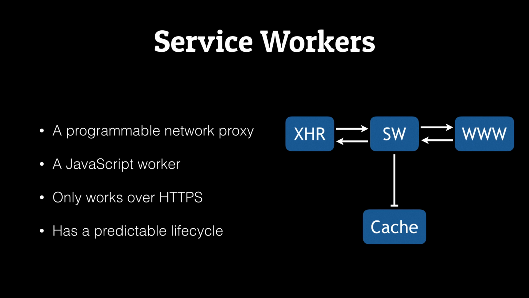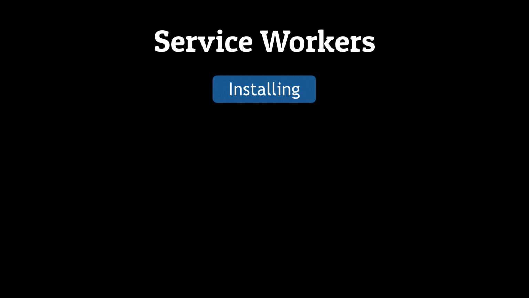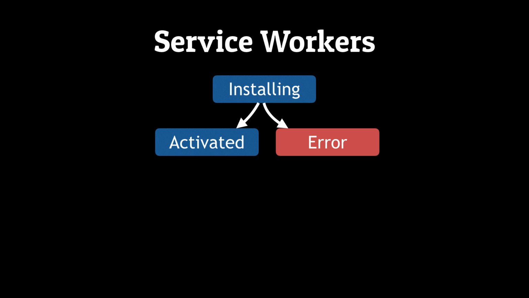Service workers have a predictable lifecycle that works in the following way. When the browser detects a service worker and it is registered, the service worker goes into an installing state. Once the installation process has completed, the service worker is then considered to be activated. If any problems occur during the installation process, the service worker enters and stays in an error state.